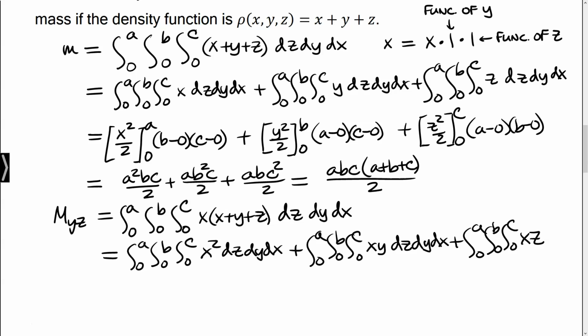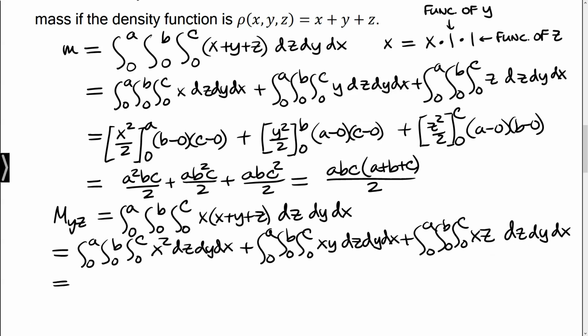All right. So now this first one, it's only a function of x. So we're going to get x cubed over 3 from 0 to a. And again, the function of y is just 1, the function of z is just 1, so we get b minus 0, c minus 0.